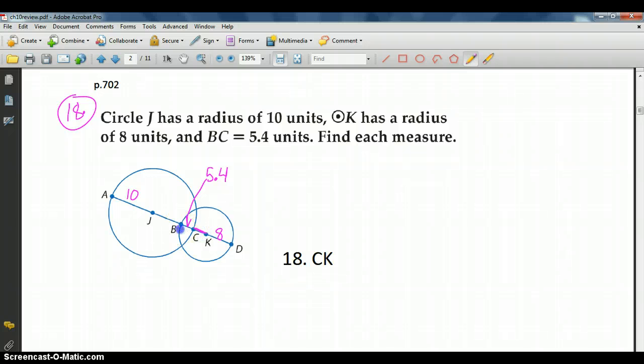Well, we know that the radius here is going to be the same as the radius there. And since we know that this is 5.4, we would subtract 5.4 from 8. So CK is equal to the entire radius minus this part of the radius, which gives us 2.6 units.